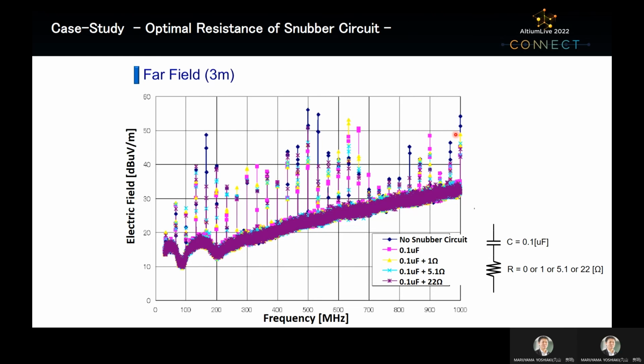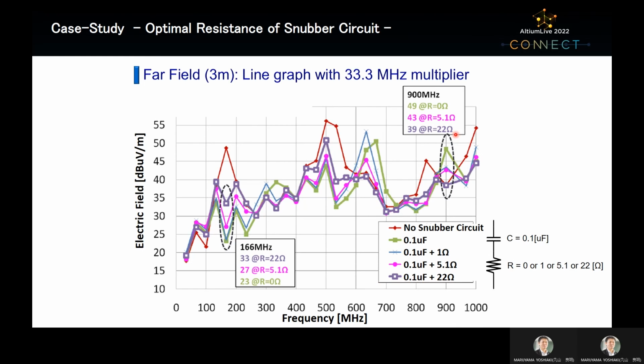Since it is difficult to understand when the 5 measurement results are displayed as they are, we changed it to a line graph with a 33 MHz multiplier. In conclusion, there was no common resistance value that led to good results at all frequencies.